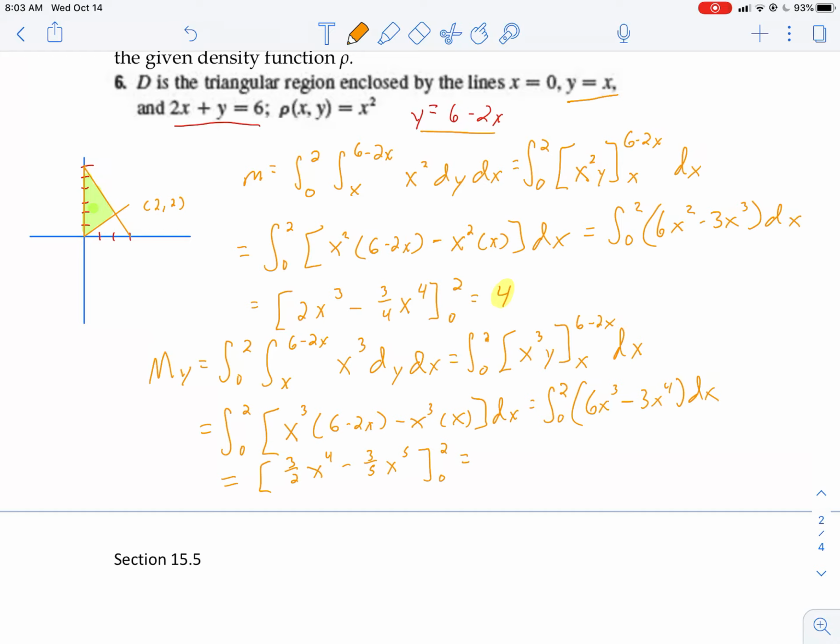Plug in, you get 16 over 2 is 8 times 3, 24, minus 32 times 3, 96 over 5. Subtracting, I get 24 over 5.